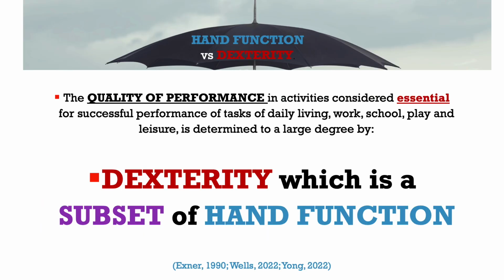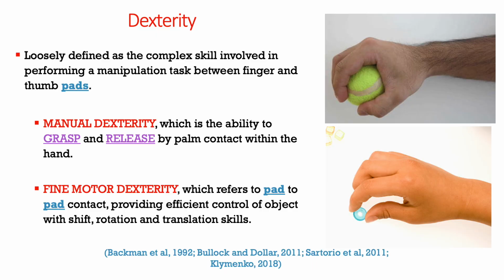I want to reinforce your understanding that the quality of performance in activities considered essential for successful performance of tasks of daily living, work, school, play, and leisure is determined to a large degree by dexterity, which is a subset of hand function. Therefore, dexterity needs its own standardized test assessment.